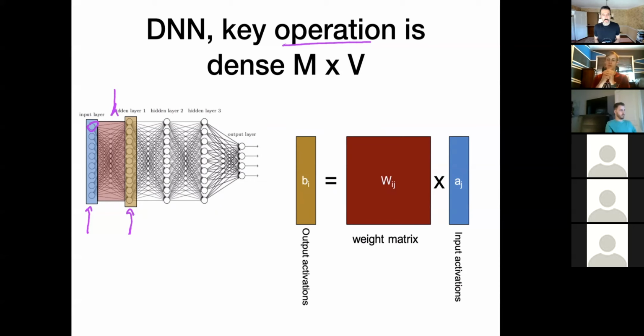So if you want to count the number of weights, how do you calculate it? Let's imagine that you have X number of units in your input and Y number of units in your output. How many weights do you have?